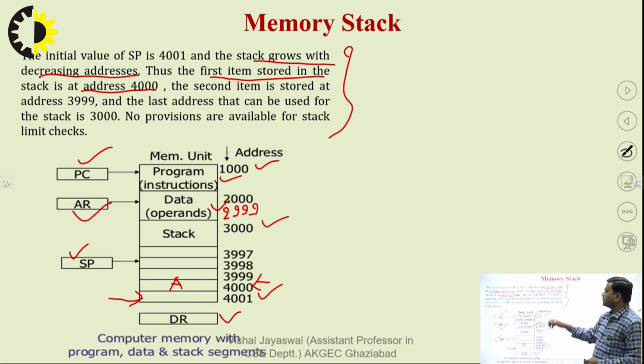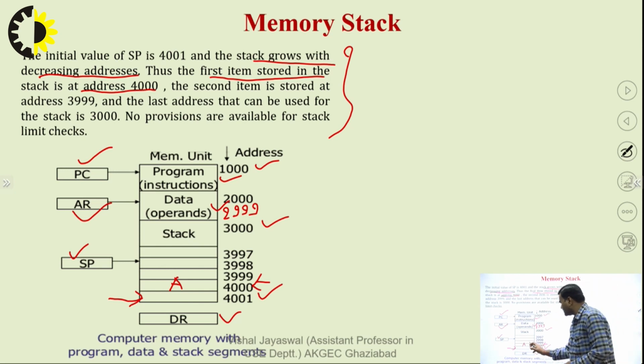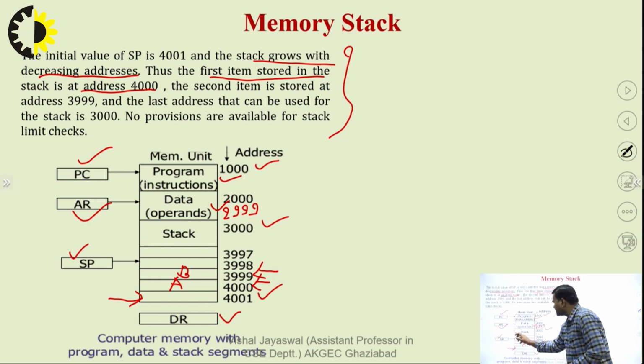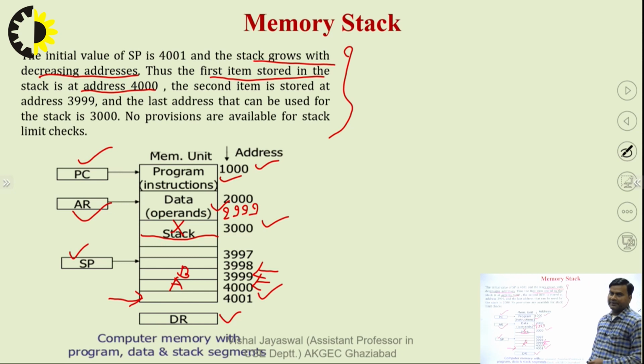The second item is stored at 3999. Let's suppose the second item is B, stored at 3999, and the last address that can be used for the stack is 3000. So let's suppose X is the item that is stored at 3000.